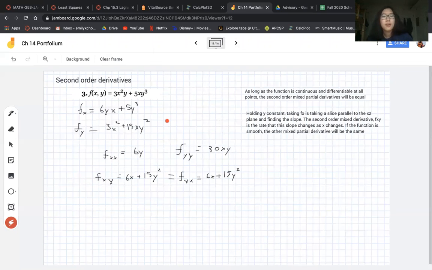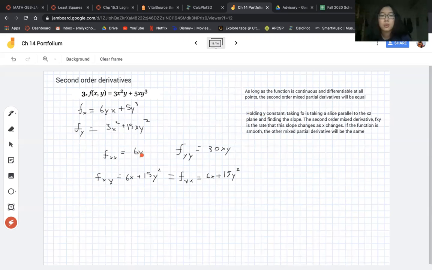So then we can look at second order derivatives. When we take the second order derivatives we end up with 4 of them: fxx, fyy, fxy, and fyx. And as you can see, fxy and fyx actually turn out to be the same thing.